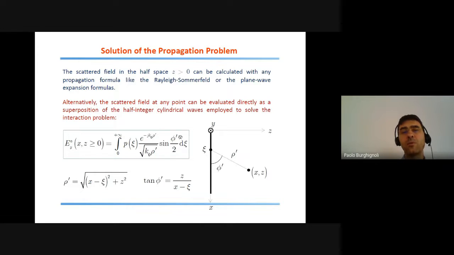And then there is the angular factor, which is also defined in terms of this phi prime angle, which is measured with respect to this point psi. Okay, so this completes basically the elementary solution of the Sommerfeld half-plane problem that was found by Professor Gori.